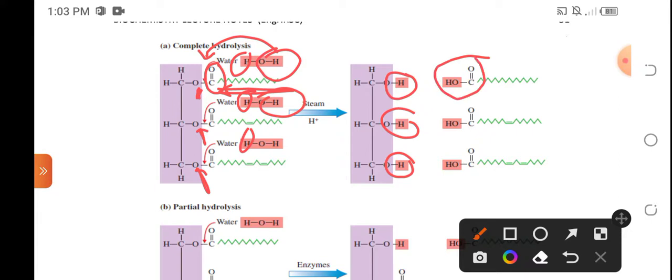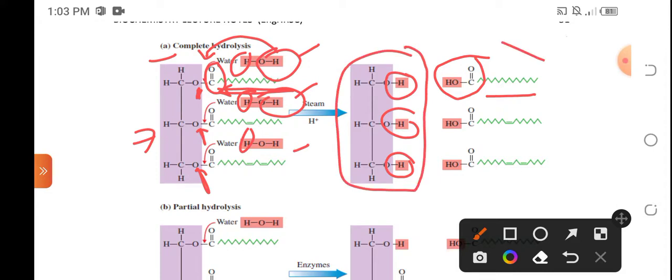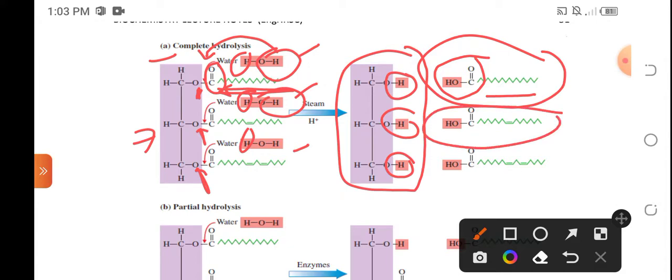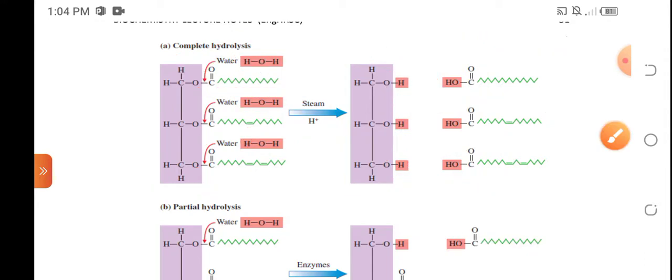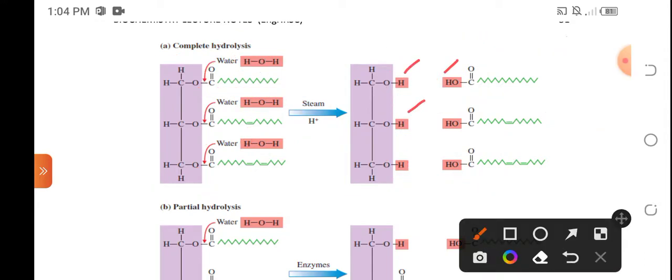So, magiging ganito. Okay. So, for complete hydrolysis, the triacylglycerol with the reaction of 3 water molecules will produce the original glycerol and the original 3 fatty acids that were the building blocks of this triacylglycerol. Okay, so ito na yung mga water molecules that were added.